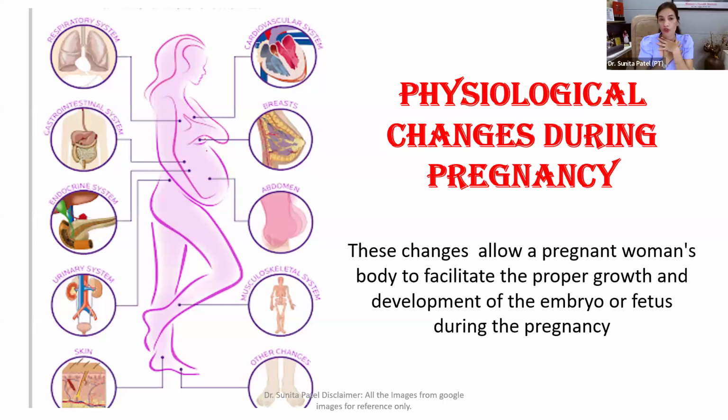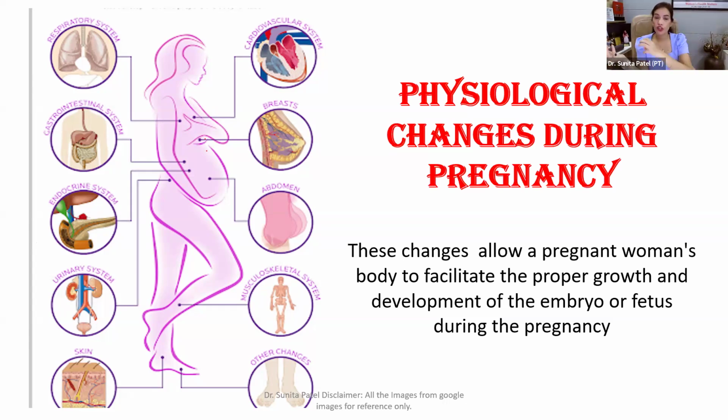My cardiovascular system is sufficient for my body now, but a new body is forming, so it has to change. New arteries are forming, and these new arteries and veins are going to take the blood toward the baby for nutrition.